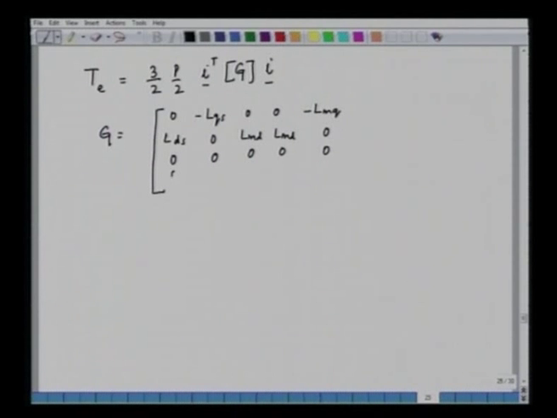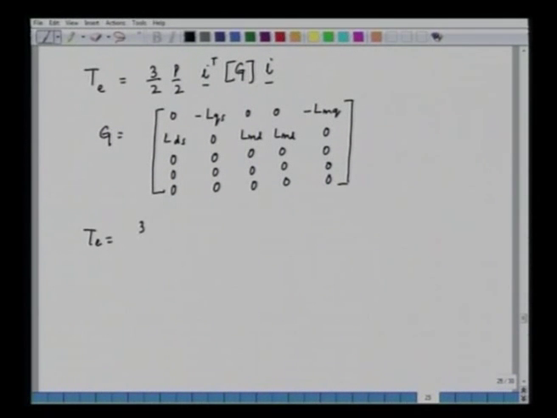Remaining 3 rows are for the rotor, and the rotor does not have any rotational induced EMF, and hence the speed terms are absent in the rotor. So we have, this is a G matrix. Now if we pre-multiply with I transpose and post-multiply with I, we get the torque.